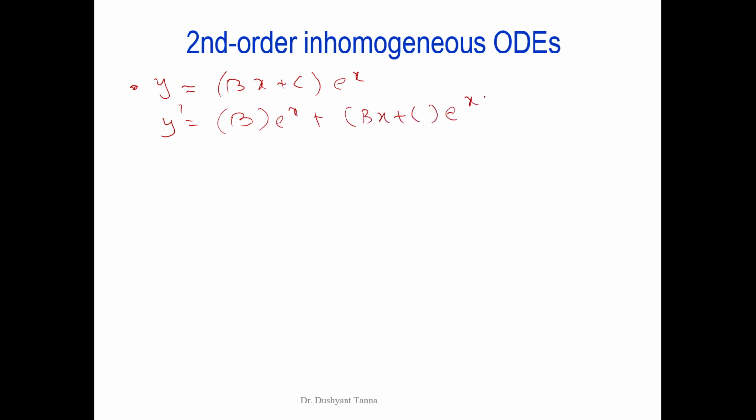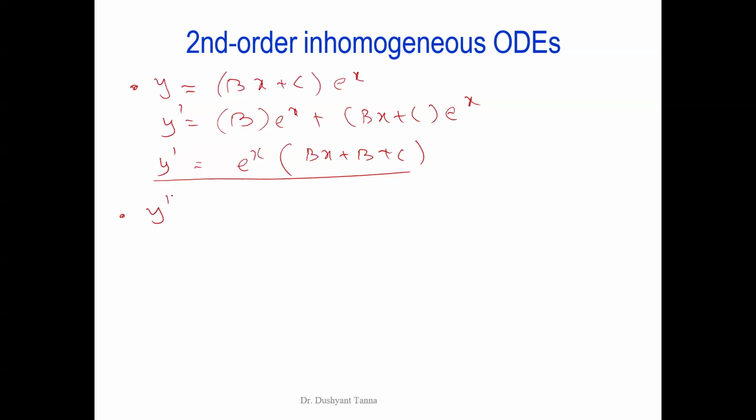You can combine it. I would prefer to combine it. Let's keep e power x, so that is Bx plus B plus C. That is your y dash. You call it y dash, yp dash, same thing, right?